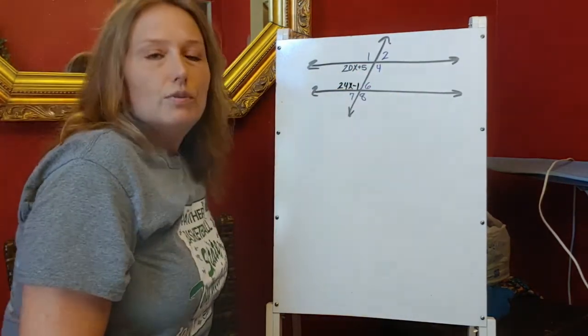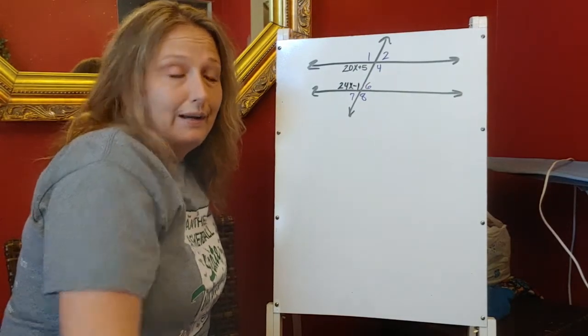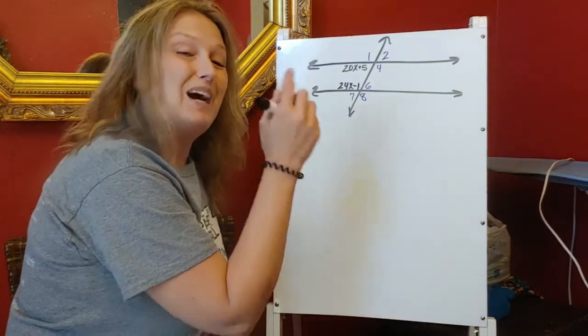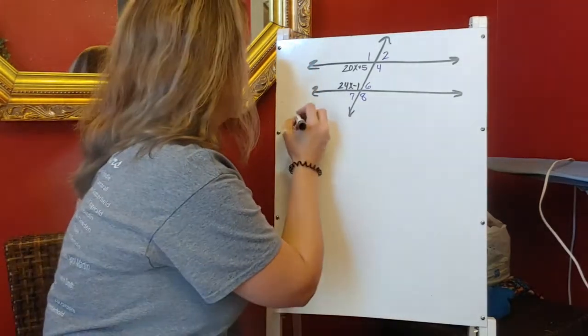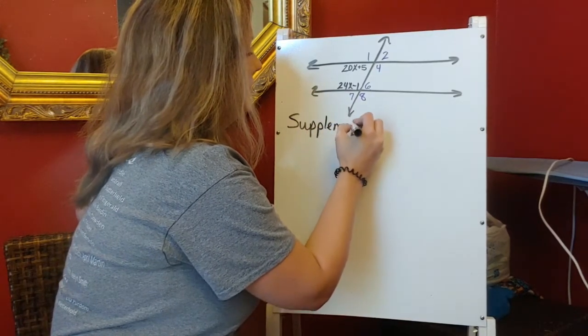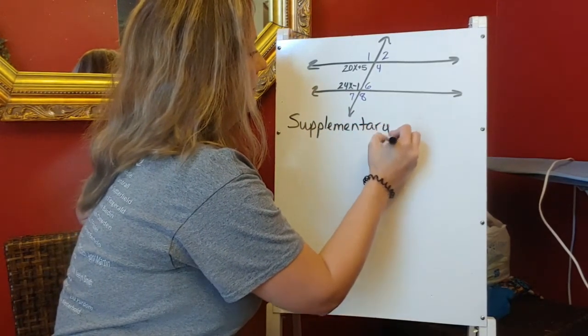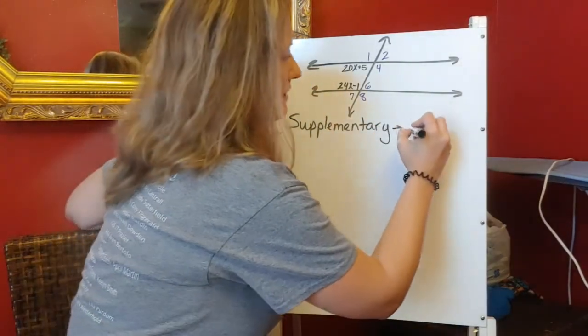Okay, so what we need to know about same side interior angles is that they are supplementary. That's going back a little ways. I have to reach back. Supplementary. That means my angles add up to 180 degrees.